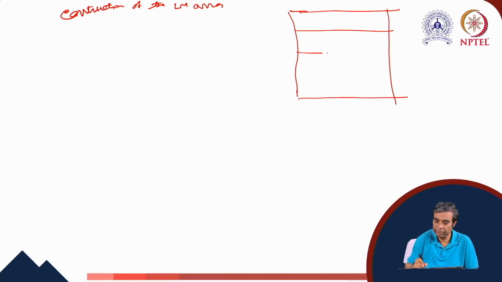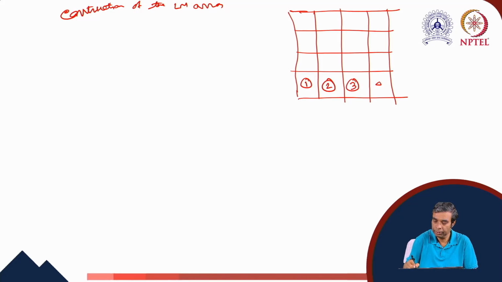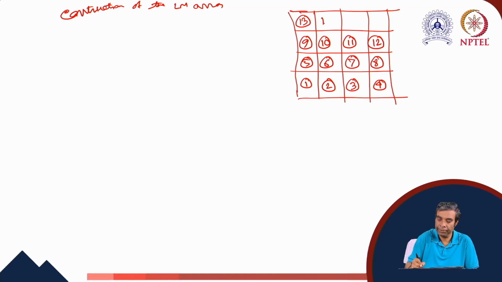First mesh line, second, third, first, second, third. So elements 1, 2, 3, 4, 5, 6, 7, 8, 9, 10, 11, 12, 13, 14, 15, and finally 16.